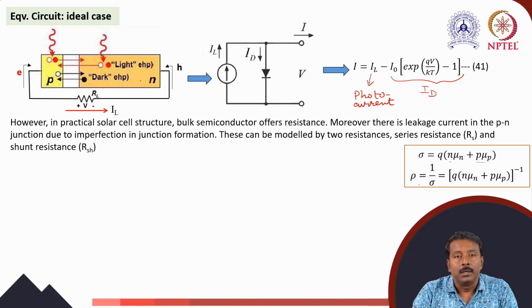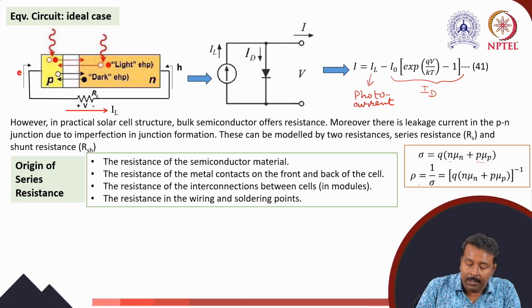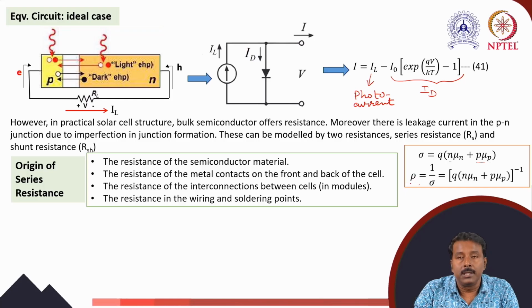So let us discuss the origin of series resistance, and then we will discuss the origin of shunt resistance. The resistance of the semiconductor material is governed by the resistivity rho, so resistance R is equal to rho L by A. That formula can be applied to calculate the resistance of the quasi-neutral part.